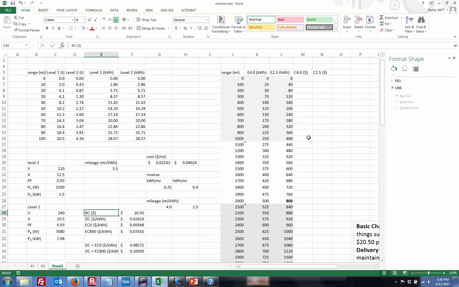Kilowatt hours, what we're looking at for the 4.0 miles per kilowatt hour, that's the more efficient, equals the kilowatt hours times our dollars per kilowatt hour.